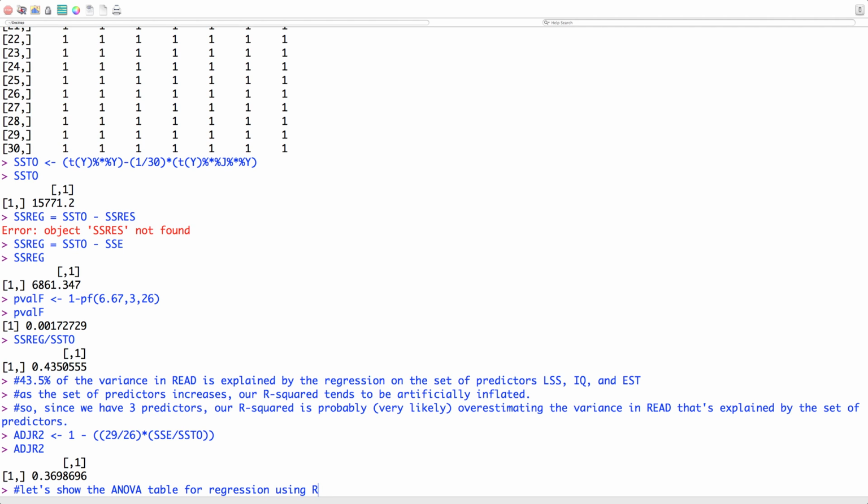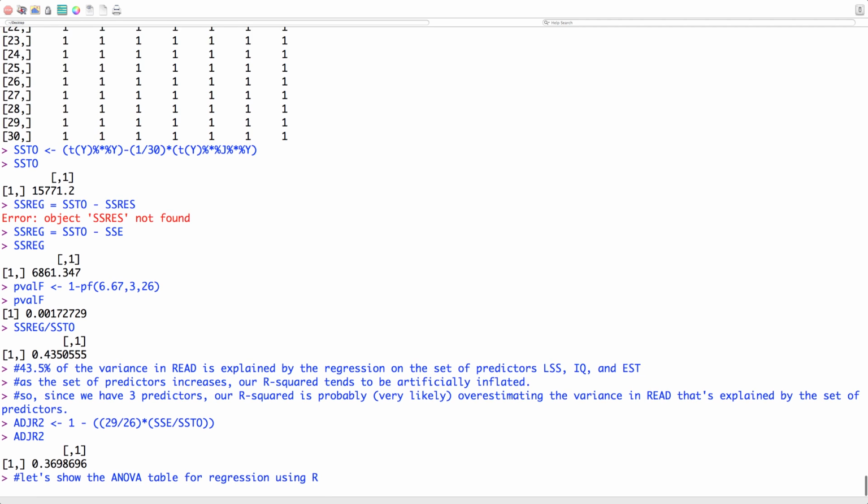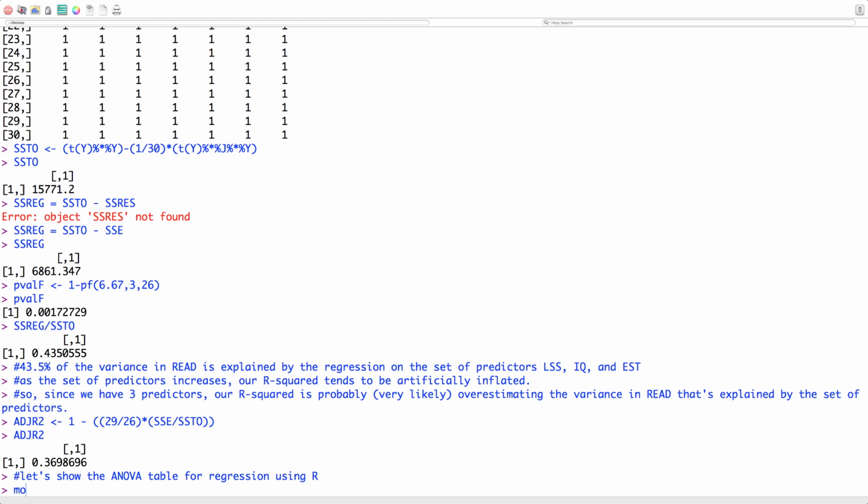Using R. So, guys, the best thing we can probably do here is first of all create our model.